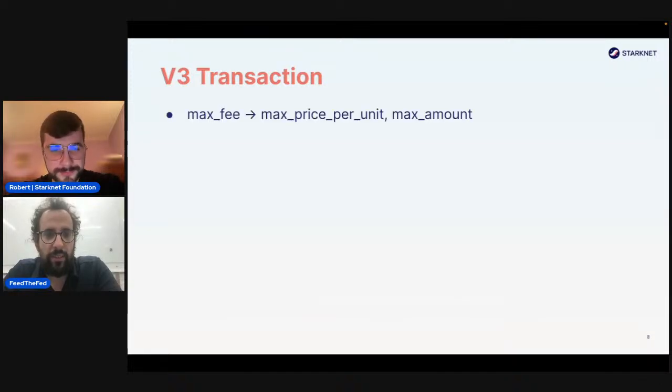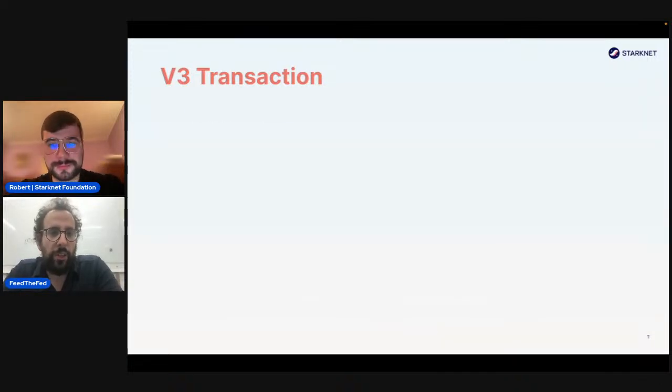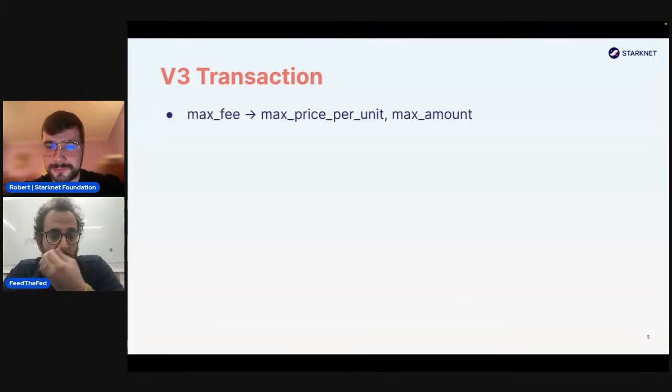Okay, cool. So V3 transactions, what's new and special about them? First of all, so far, every transaction specified max fee in ETH units, actually in wei.